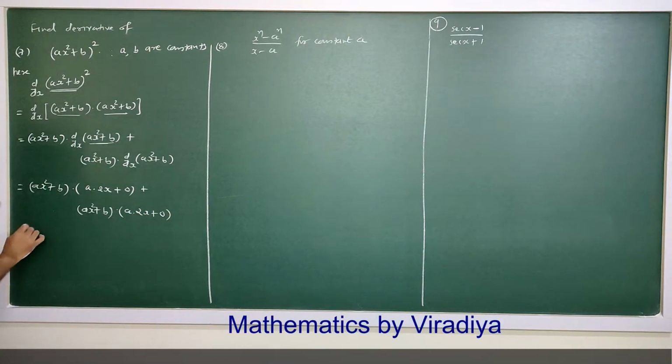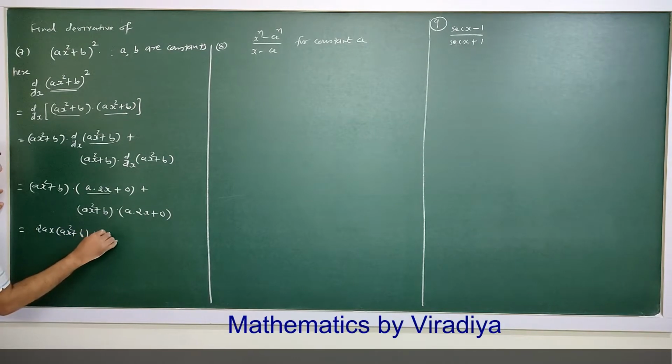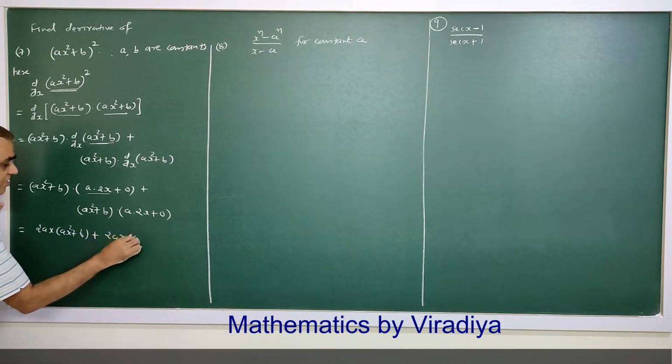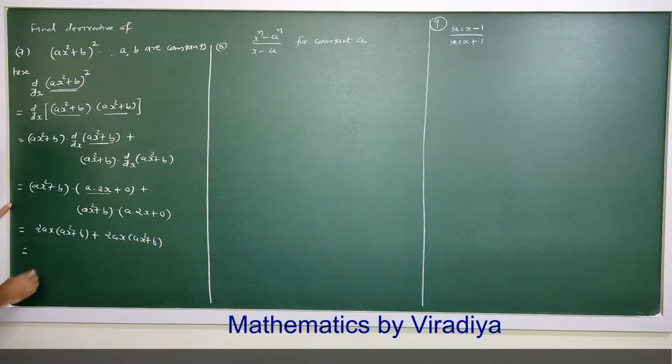So this is 2ax into ax square plus b and the same 2ax into ax square plus b. So this is 4 times ax into ax square plus b. So that is the required derivative.